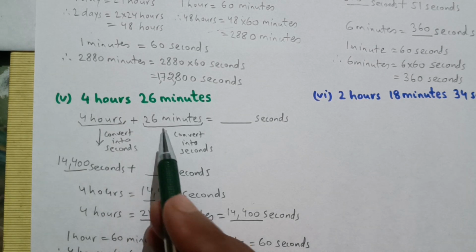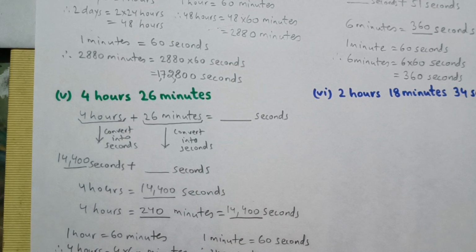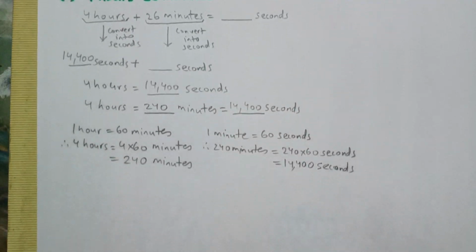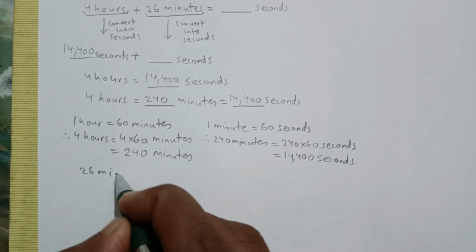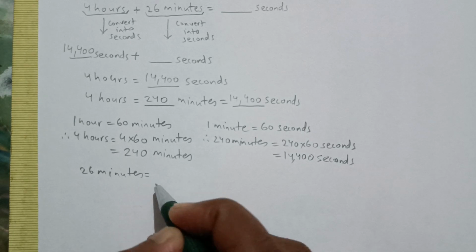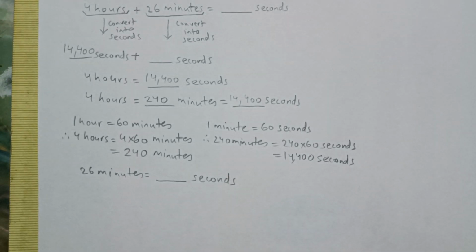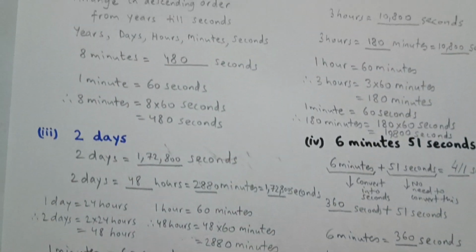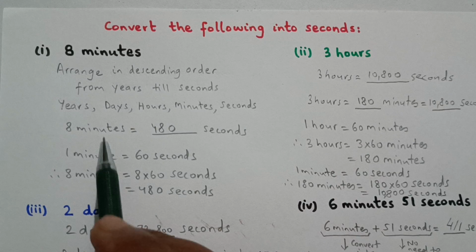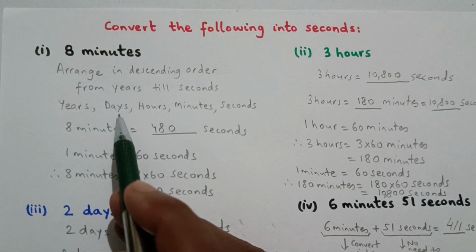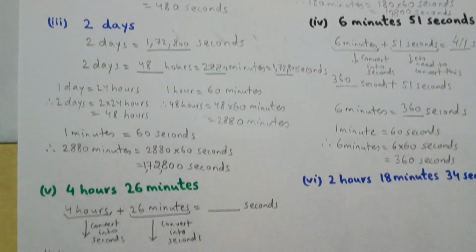Now we will convert these 26 minutes into seconds. So 26 minutes is how many seconds? Let us look at the descending order chart: years, then days, then hours, then minutes, and then seconds.